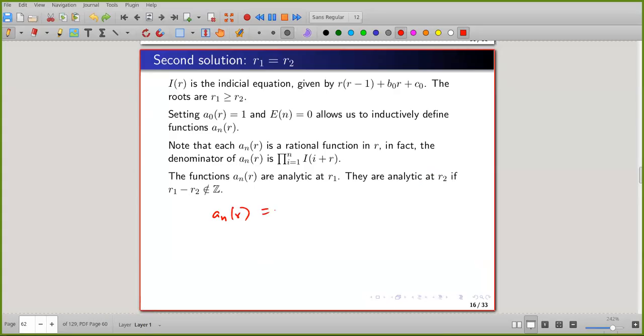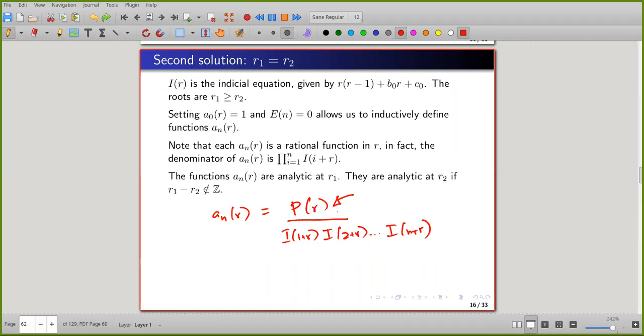A_n(r) is a ratio of polynomials. There is some polynomial P(r) over here divided by I(1+r), I(2+r), dot, dot, dot, up to I(n+r). Now, the numerator is, of course, analytic everywhere.